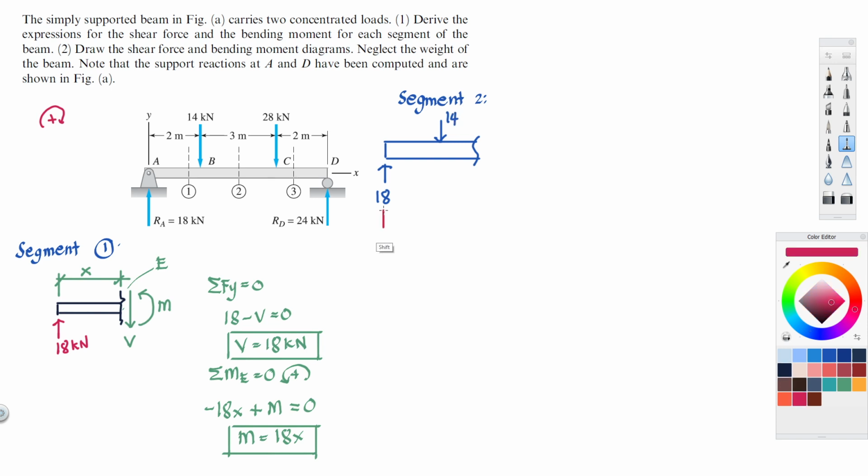And their distances, okay? From this cutting plane, I will be having here the value of x. I do not know kung saan yan sa segment 2, pero alam ko from this hanggang dito sa point na to, that would be around 2 meters. Okay? In short, this one is x minus 2.